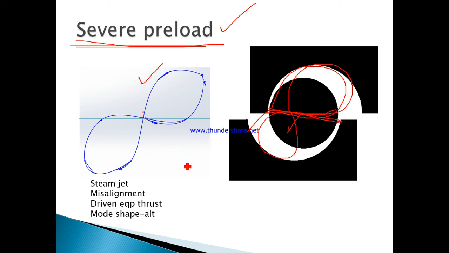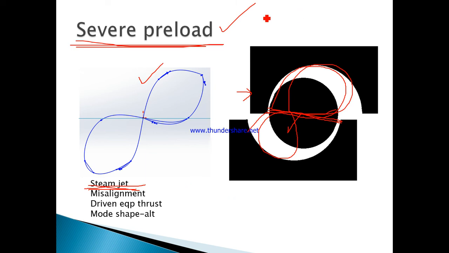Maybe the preload is not always from the bearing side for adjustment. It may come from steam jet, because the turbine is operated by steam. A turbine is an expander. It is getting expanded and the energy is converting to rotational torque and RPM.